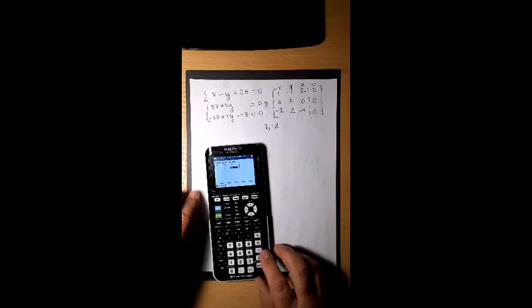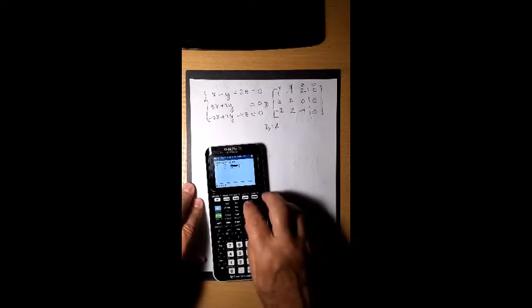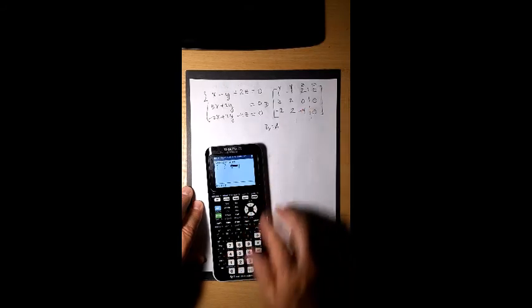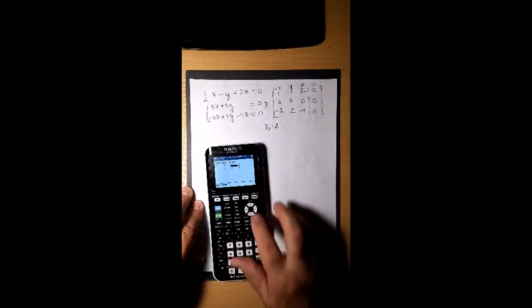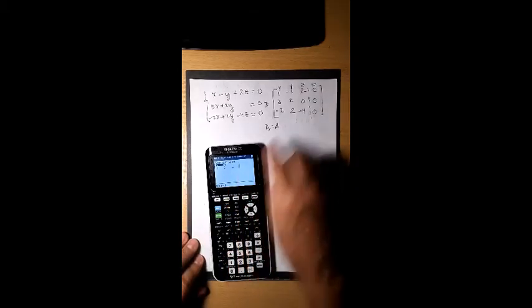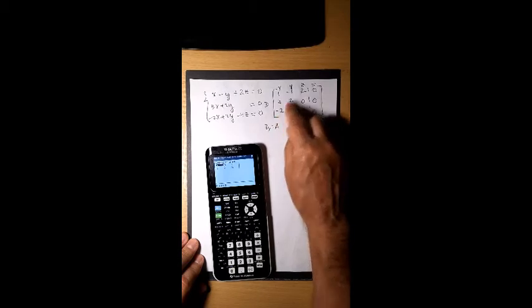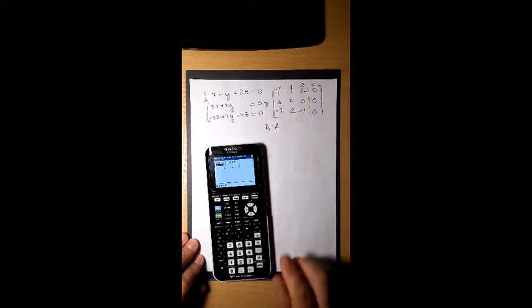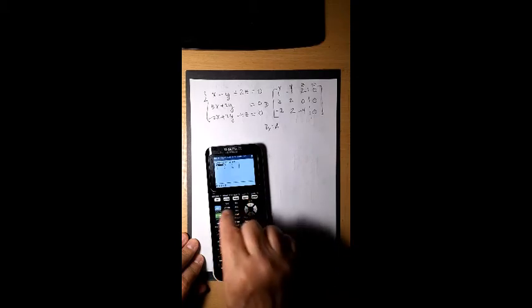And here's where you use the enter key to get to the right. And the 2, the 0, and the negative 4. So check it, make sure. Here's a 0, 0, 0 replaced. Negative 1, 2, 2, 2, 0, negative 4. That's what A is.